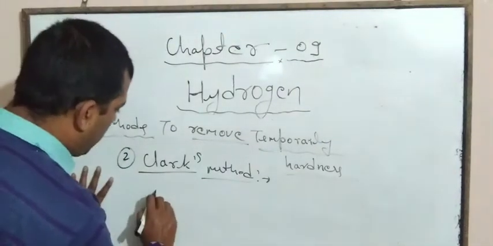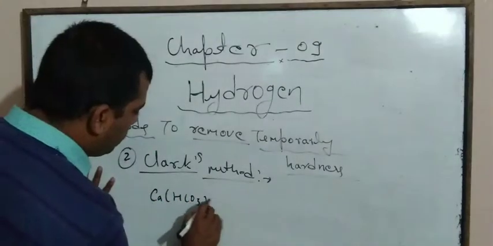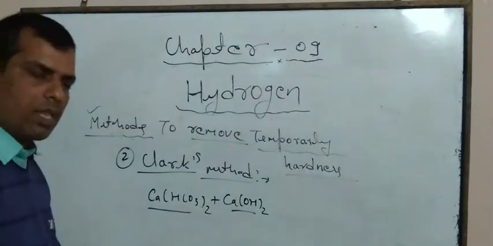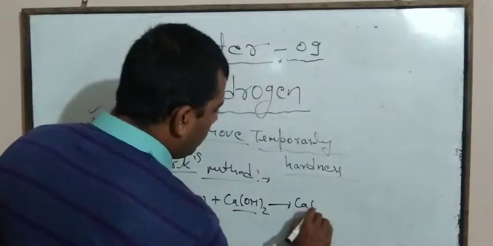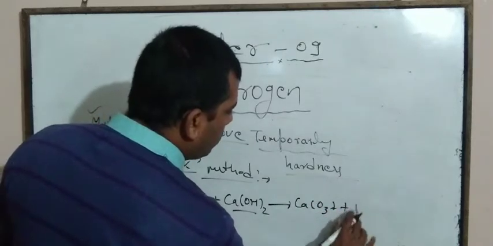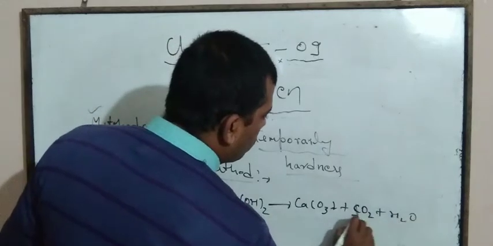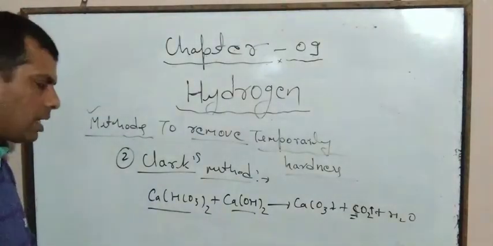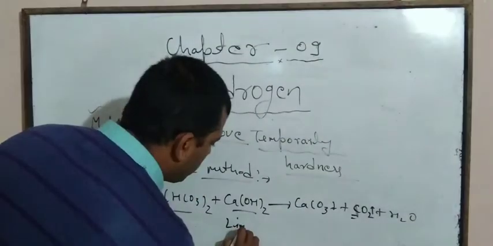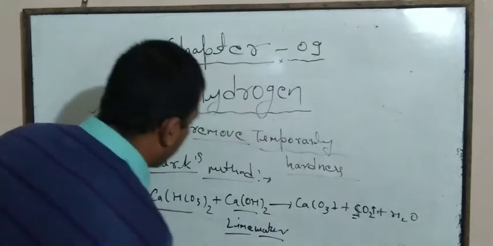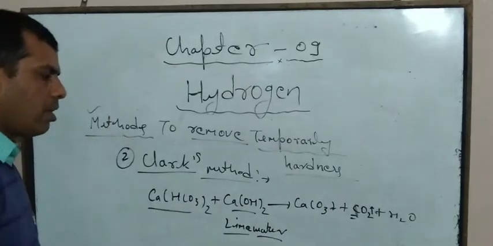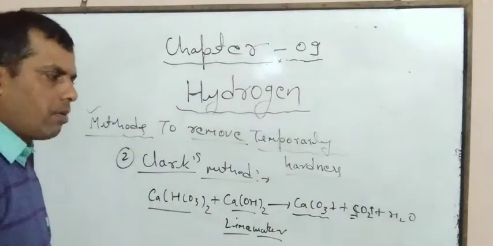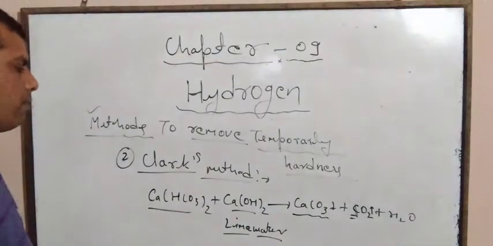For example, if calcium bicarbonate, Ca(HCO3)2, reacts with lime water, Ca(OH)2, then it forms CaCO3 in the form of precipitate plus CO2 plus H2O. In this way the hardness of water is removed.